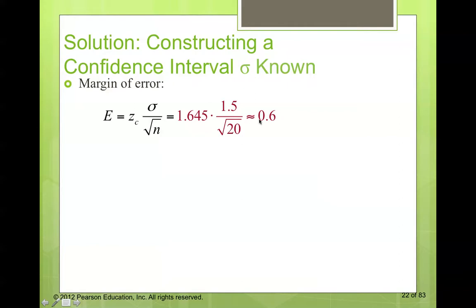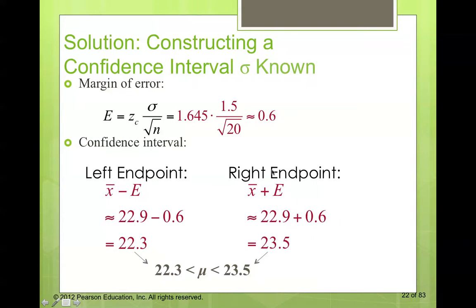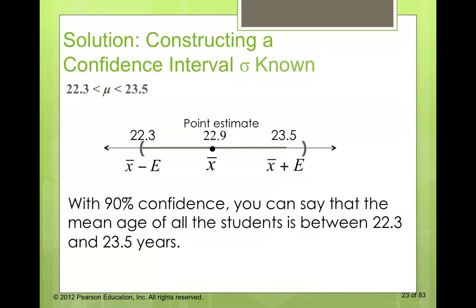That means our margin of error is 0.6. Once we find the margin of error, we need to put that into the interval formula, subtract it from the left, add it to the right, and we get an interval of 22.3 less than mu less than 23.5. So with 90% confidence, you can say that the mean age of all students is between 22.3 and 23.5 years.